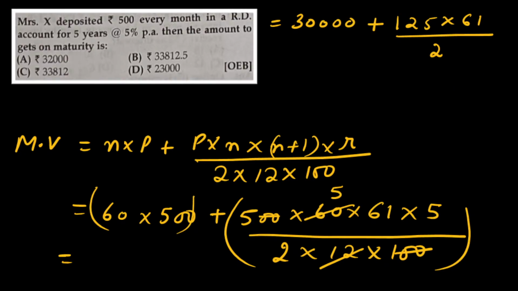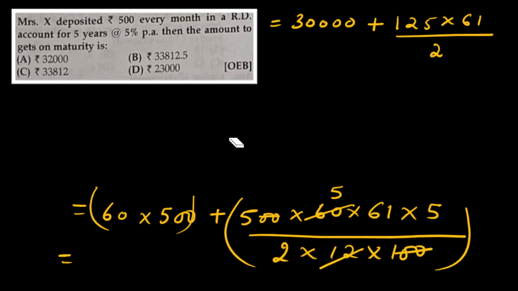So this calculation we can do. Just multiply 125 with 61 and tell me the answer. So 30,000 plus 125 with 61.